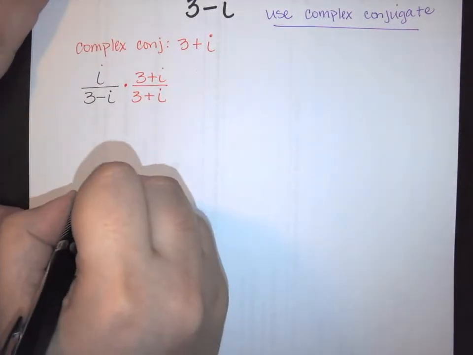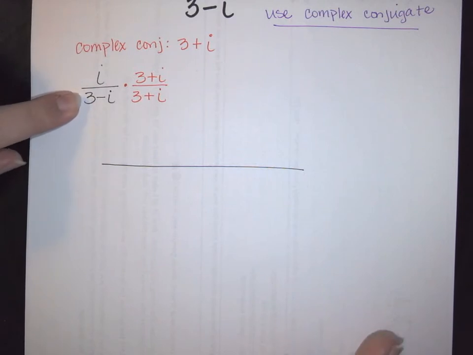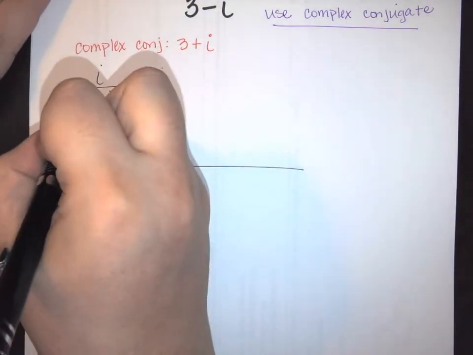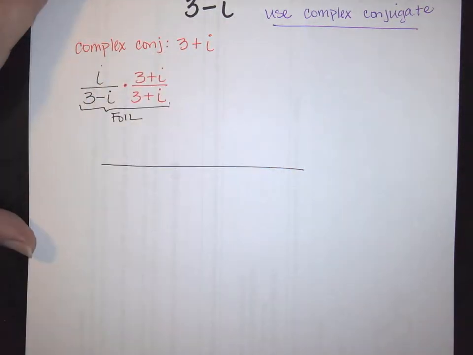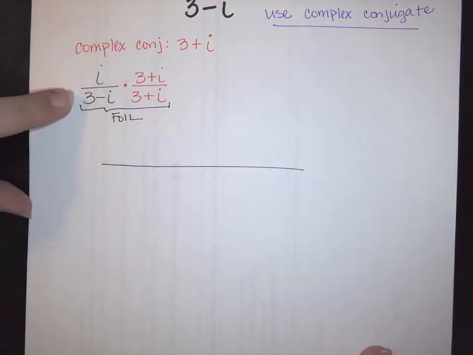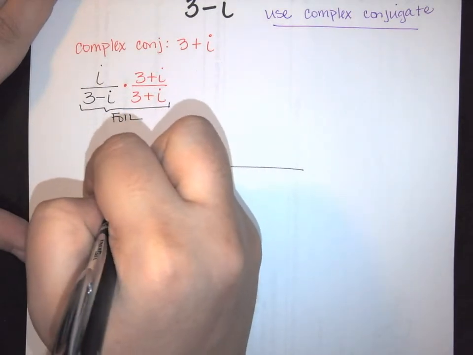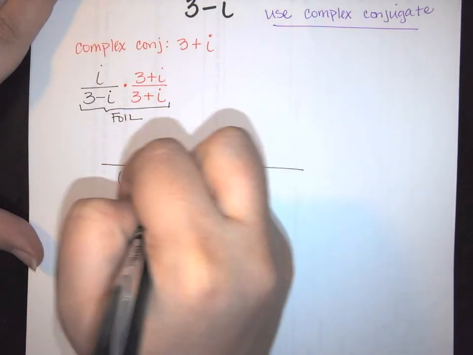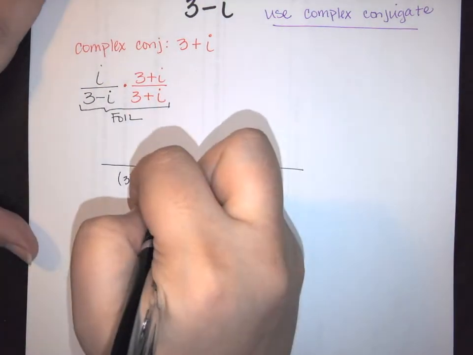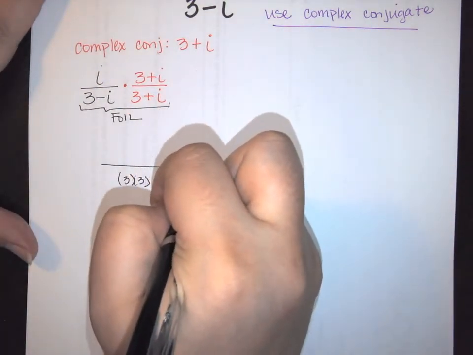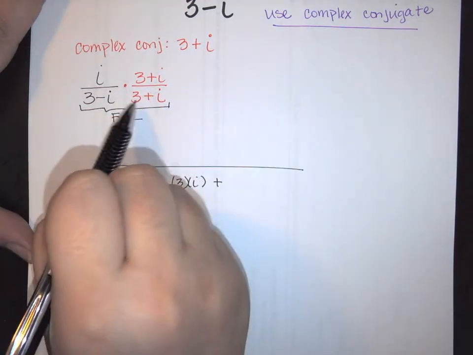So I'm going to have my big old division line, and I'm going to FOIL the bottom. If you remember, we are going to FOIL these together. So first, outer, inner, last. So 3 times 3 is going to be my first. I have to add it to my outer, so that'll be 3 times I. I need to add it to my inners, negative I times 3.